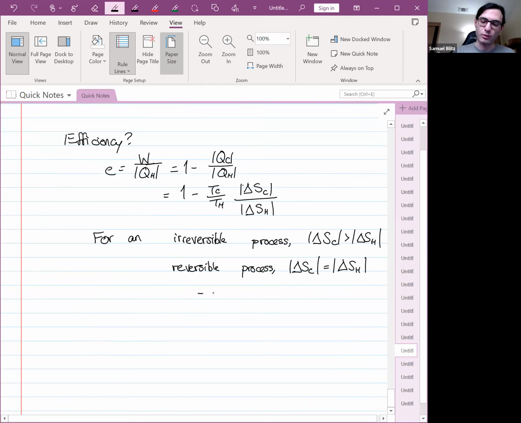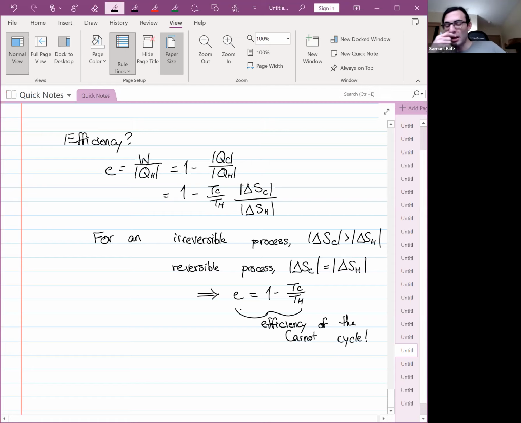Let me write this out one more time. This would imply that the efficiency for a reversible engine is 1 minus the ratio of the temperatures of the reservoirs. But this is the efficiency of the Carnot cycle. And Carnot cycles are reversible, so it all checks out. But what this tells us is that the Carnot cycle is the theoretically most efficient engine that you can make.